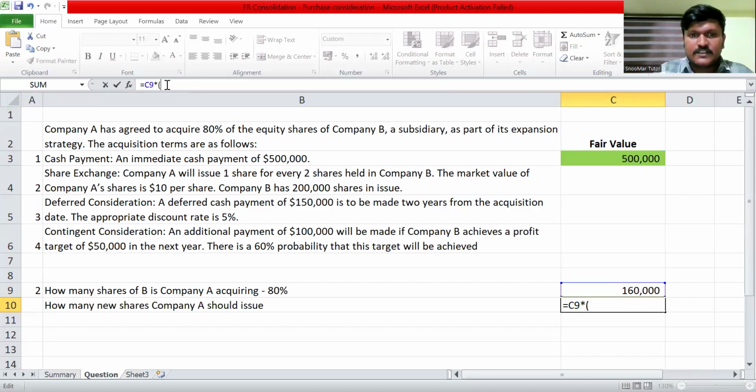Out of this 160,000, for every two shares held, I am going to issue one new share. So the proportion is 1 by 2, and I need to multiply that. So I am going to issue 80,000 new shares of company A.